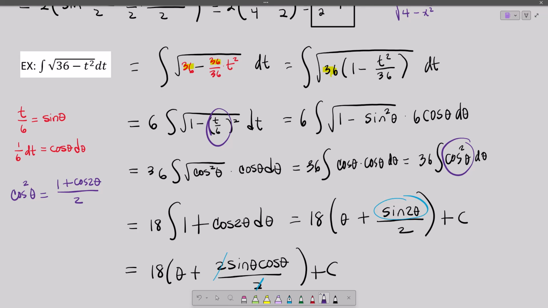But 1 minus tangent squared is not an identity. That one's totally out. And 1 minus secant squared would be negative tangent squared, and you can't put a negative number inside a square root. So we always choose sine if it's 1 minus. If it's a difference of squares with a leading one, sine is always what we choose.